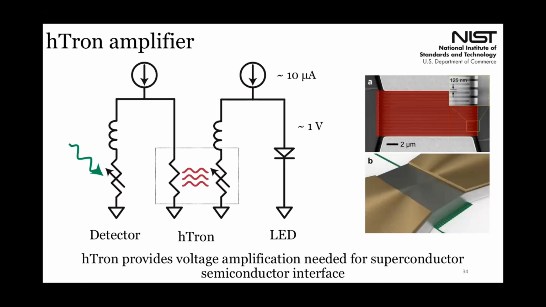So now what you have is a detector that's in parallel with this amplifier switch, which is in parallel with the LED, and so you can provide the amplification needed for the interface.